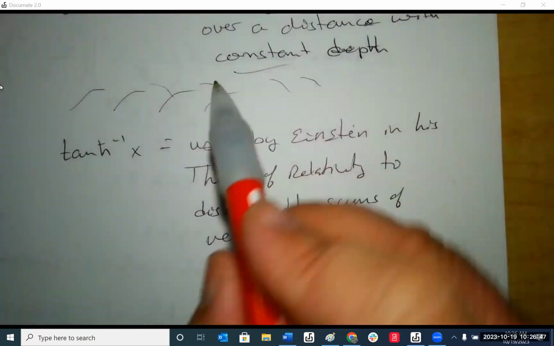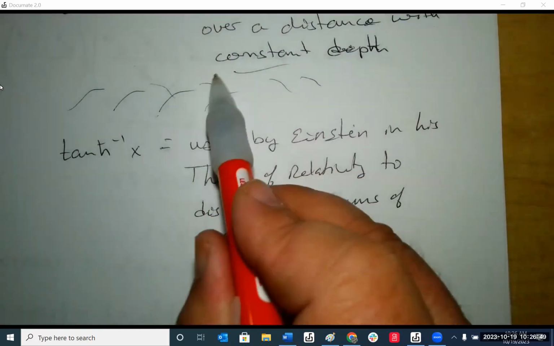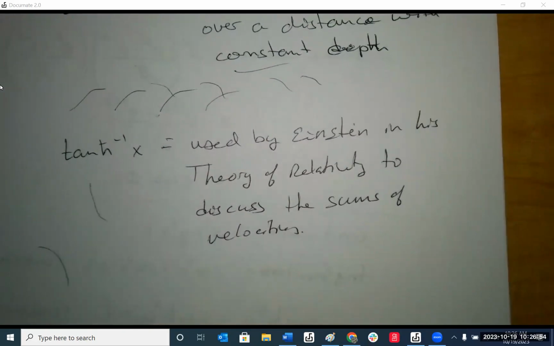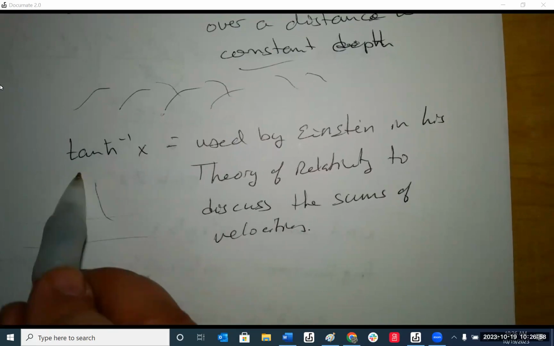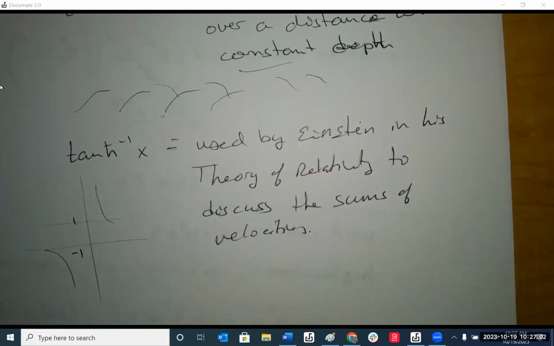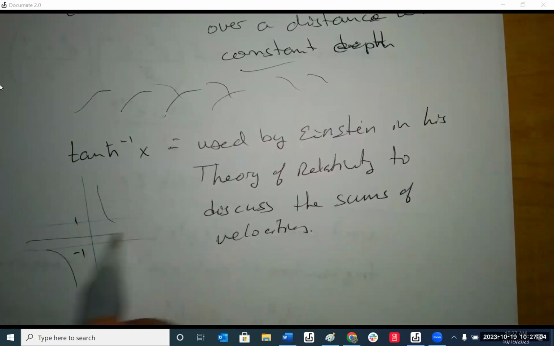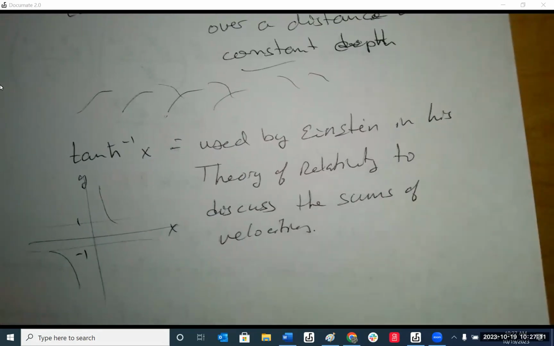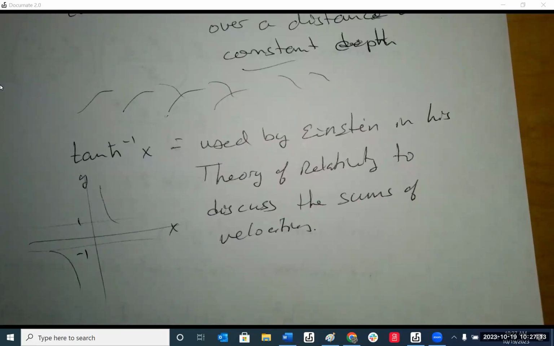Because remember, since the hyperbolic tangent is the wave function, the inverse hyperbolic tangent looks like this with horizontal asymptotes at 1 and -1. There's the x-axis. This is the y-axis. So that's just a heads up on what this is used for, and we can find a lot more if you want.